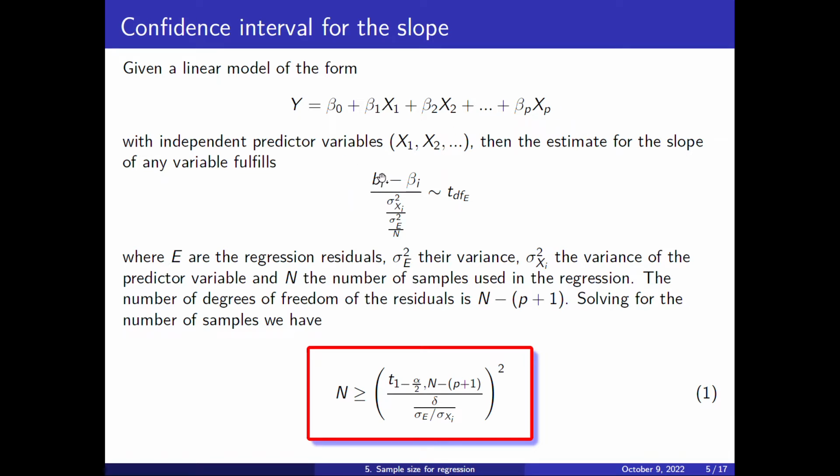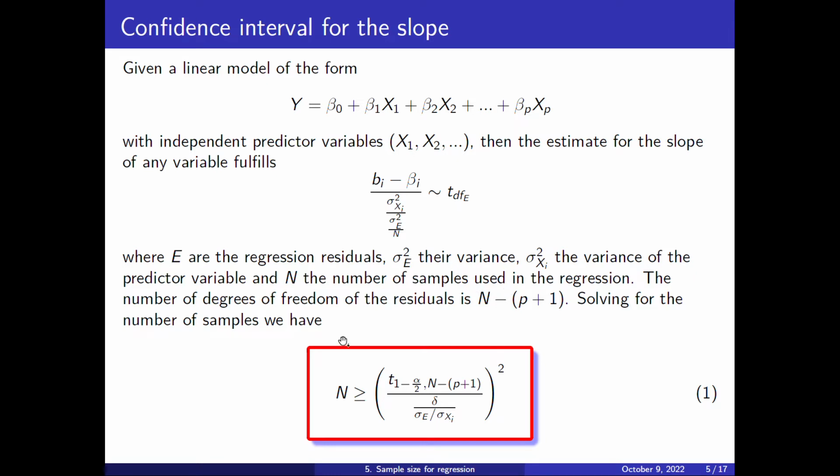For each one, this is our estimate, this is the true value. This difference divided by this ratio of variances is distributed as a t-student with a number of degrees of freedom, and the number of degrees of freedom is n, that is what we want to compute, minus the number of parameters that we have to estimate, that is p plus 1.